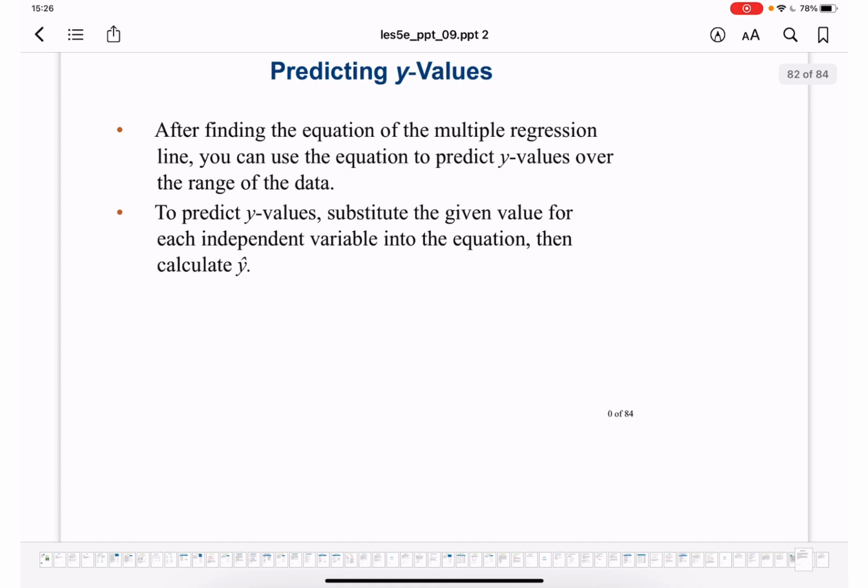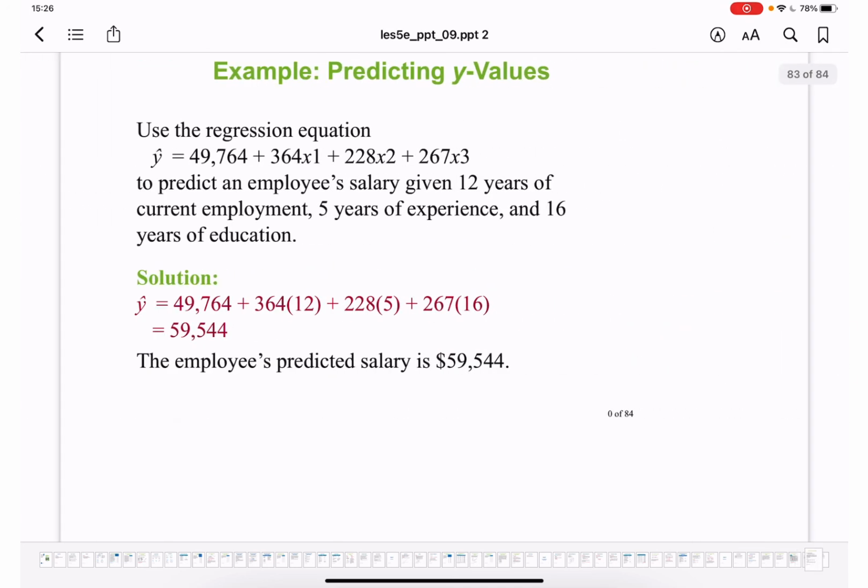After finding the equation of the multiple regression line, you can use the equation to predict Y values. Once we have the formula, it's already algebra. Once we have the formula and X is given, all we can do is plug in the values of X we have and find the predicted Y value. Okay? Pretty straightforward. So here it is.